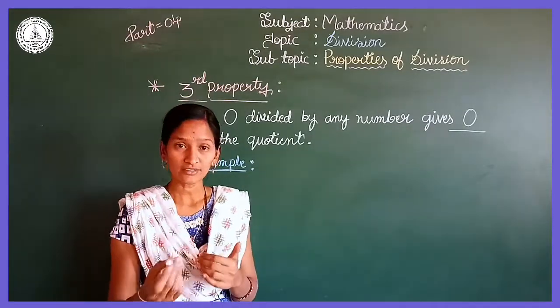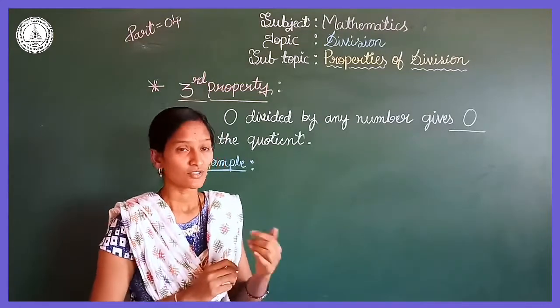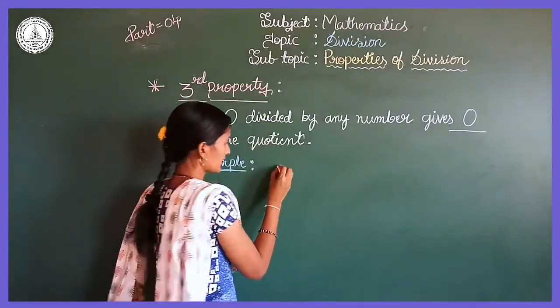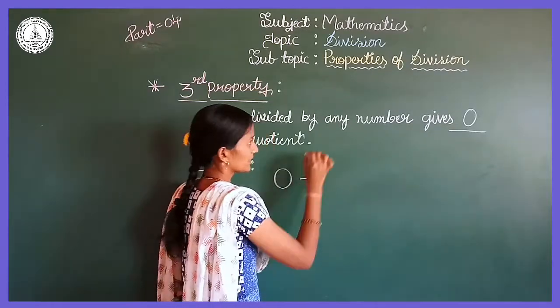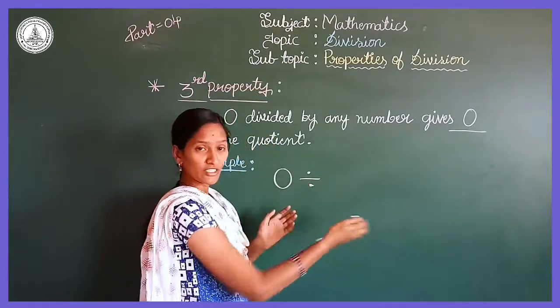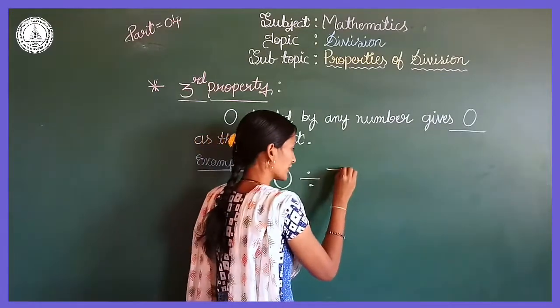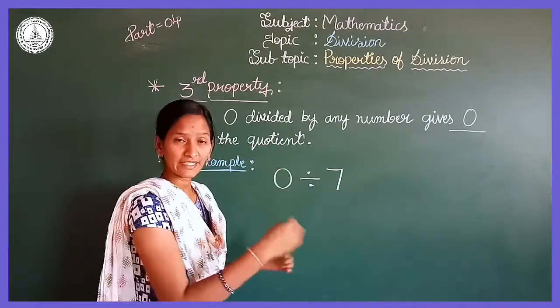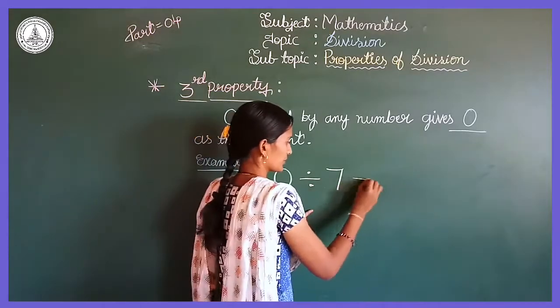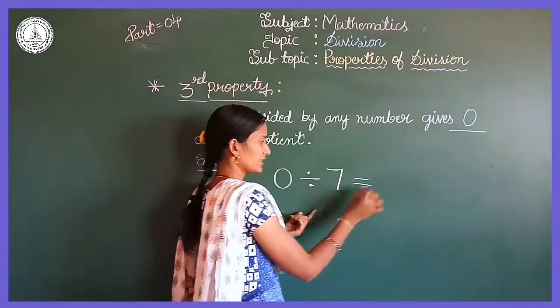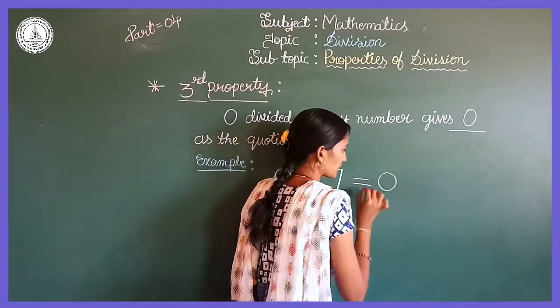So how can you write this as a division sentence? First, 0 divided by any number. Here, how many children are there? 7 children, right? Did they get anything from me? No, right? So 0 divided by 7 is equal to 0.